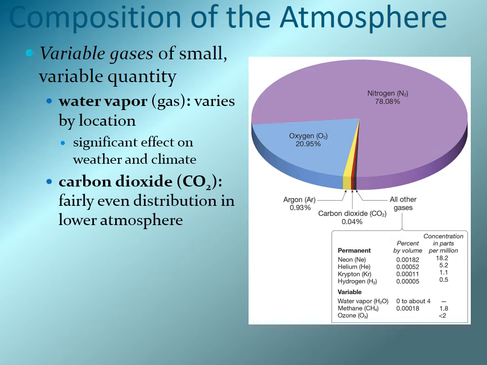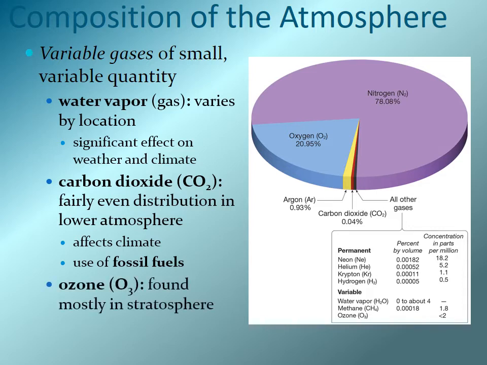Carbon dioxide constitutes a smaller amount of the atmosphere, yet it is increasing, which is why we're concerned about it the most when it comes to climate change. And if you didn't know already, a lot of it's due to our use of fossil fuels. And then we have ozone. Ozone is found mostly in the stratosphere.